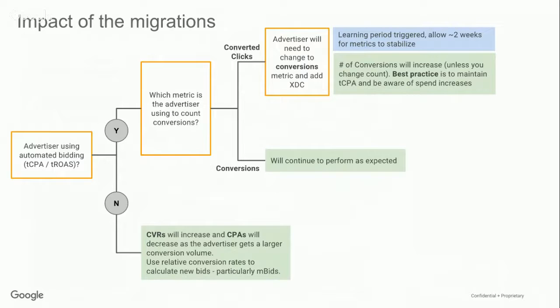The actions differ based on which metric your advertiser is using to count conversions. If we are looking at counting conversions, campaign performance will continue as expected. However, if we are looking at bidding towards converted clicks, there are two things that we need to do. First is change the setting from converted clicks to conversions.